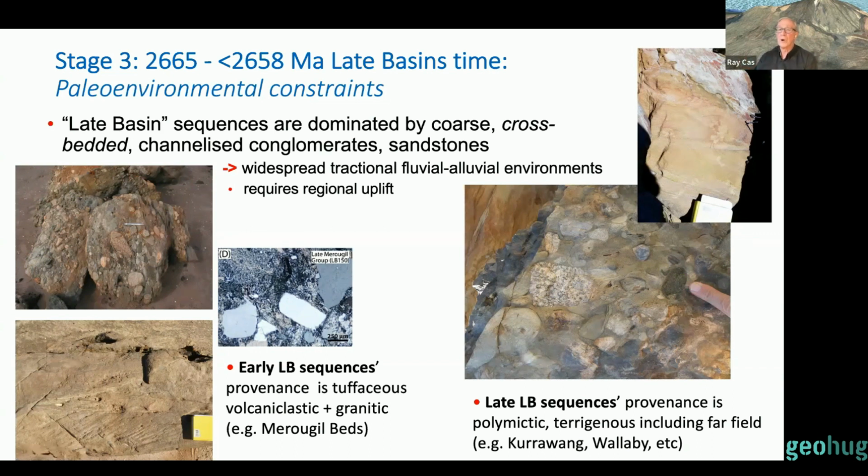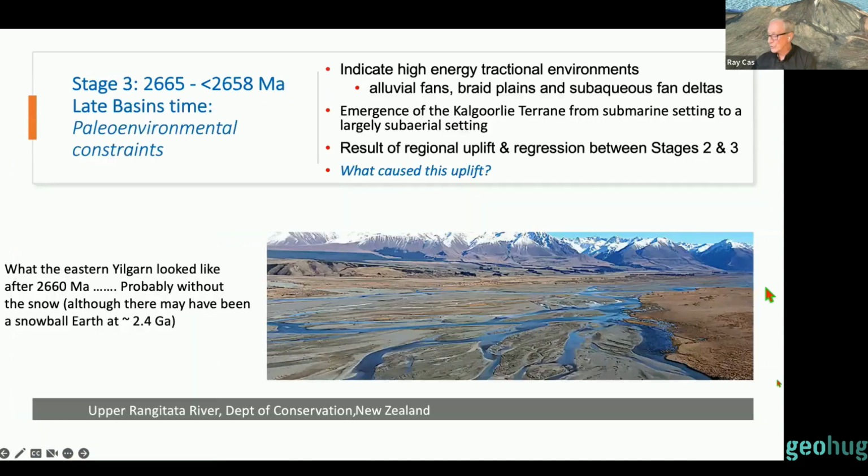So it's a real dog's breakfast, but it's indicating that the source for these sedimentary packages is much farther afield. It's not just the local conglomerates and sandstones that we could relate to intrabasinal volcanoes in the case of the Kalgoorlie sequence. Here we're dealing with far spread regional sourcing of sedimentary provenance.